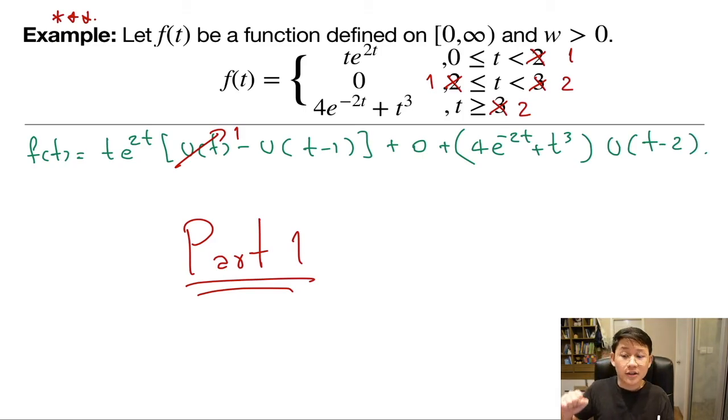We already learned three techniques: e to the at f(t), t to the n f(t), and the unit functions. In the next video, we're going to be learning the step function and the convolution. We'll talk about what they are and how to find their Laplace transforms, and we're going to finish the second section, which is the techniques of Laplace transform.